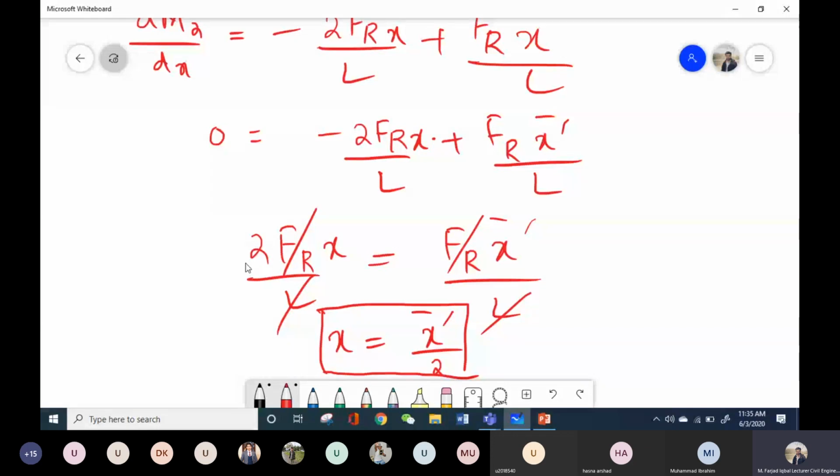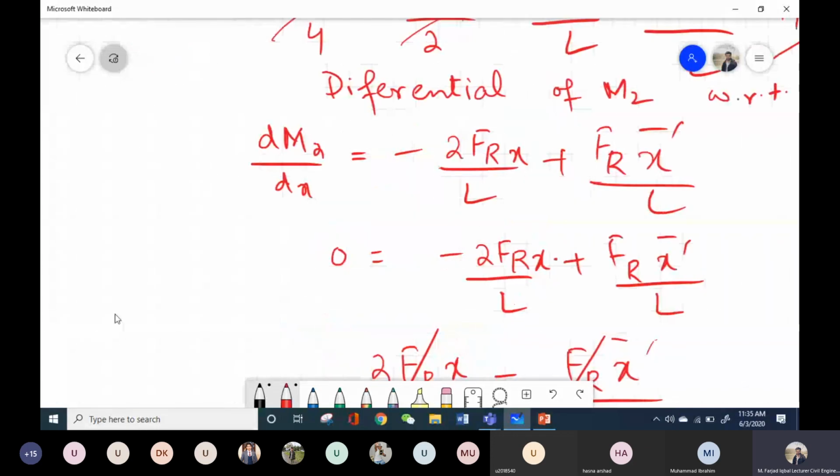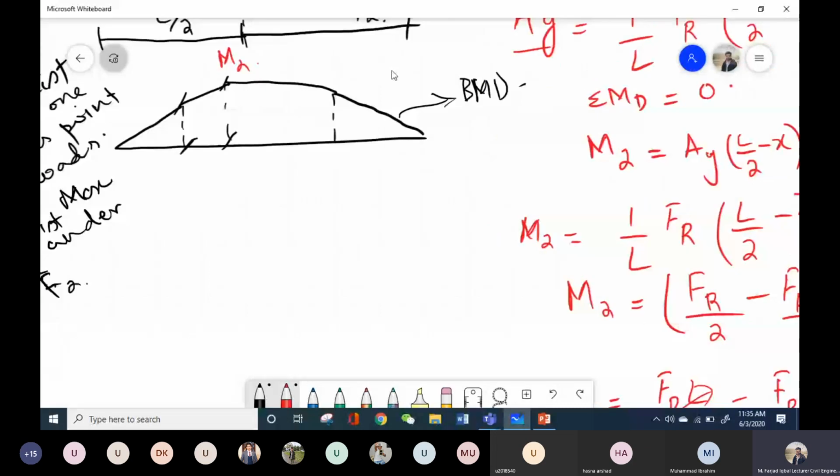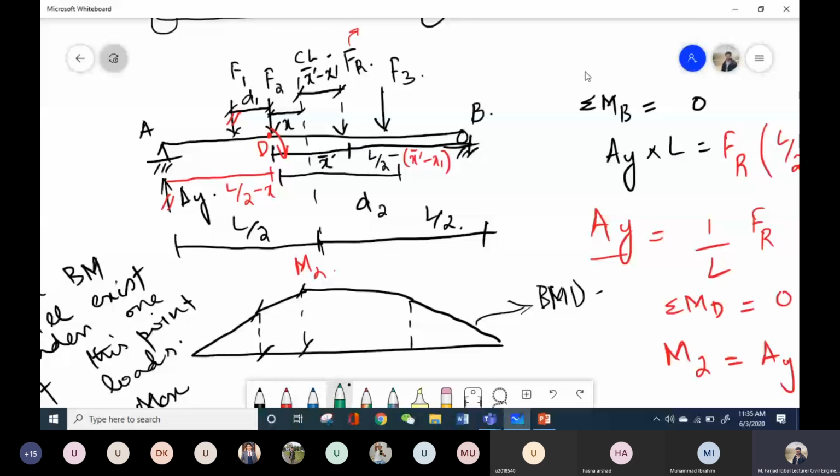So what does this final form of the equation mean? That x is equal to x bar dash over 2. Let us see it. This means that this x distance over here is equal to x bar dash over 2. What is x bar dash? X bar dash is the distance from the resultant force to the point load which we have assumed has a maximum bending moment under it.